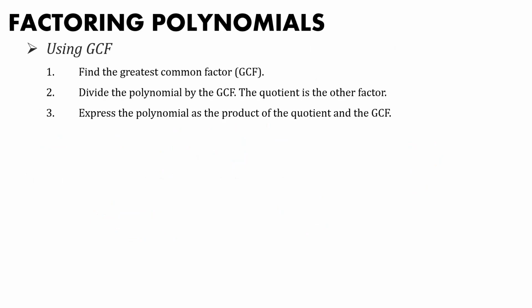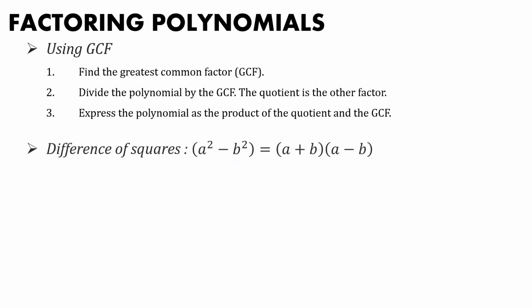Okay? So we already discussed it. So these are the steps. Next, using the difference of squares. So a squared minus b squared is always a plus b times a minus b. Then factoring trinomials. So we have ax squared plus bx plus c. So here are the steps.